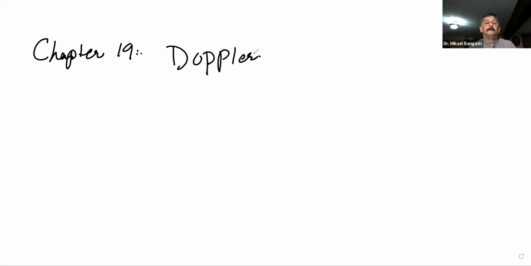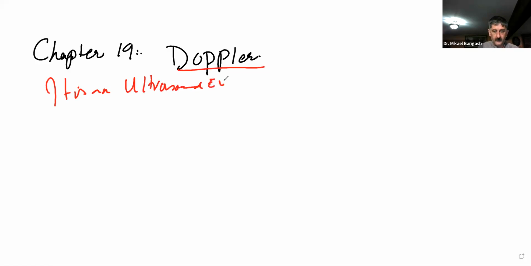Doppler. Okay. And ladies, what Doppler basically is going to be, this is an ultrasound examination, which means that we use our ultrasound equipment.